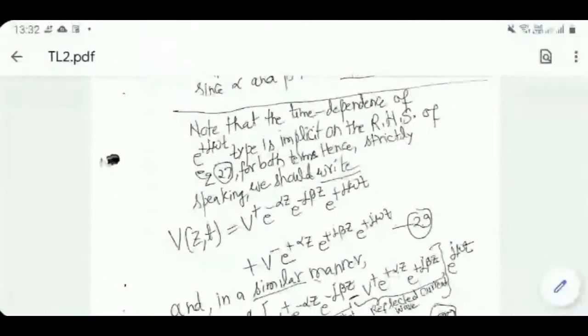And for the second term, z actually will be negative, because it is in the minus z direction. So plus alpha z in effect will become minus alpha z. So there will be decay for the reflected term also. It will not grow for sure. That plus sign is misleading there, because z value is negative actually for the second term.